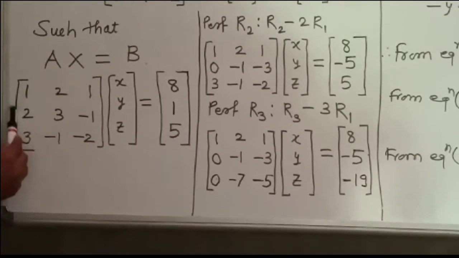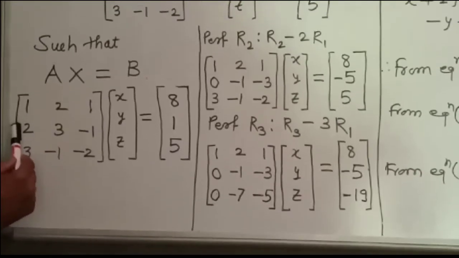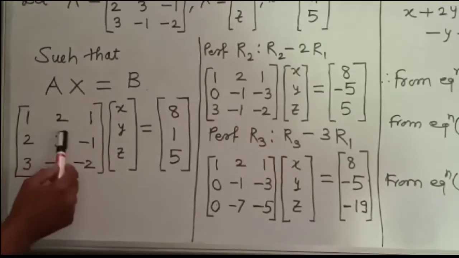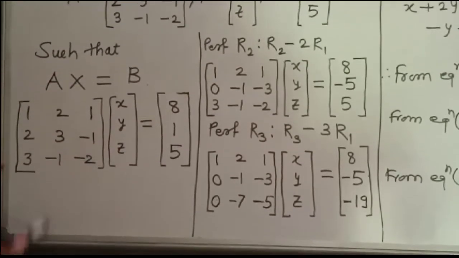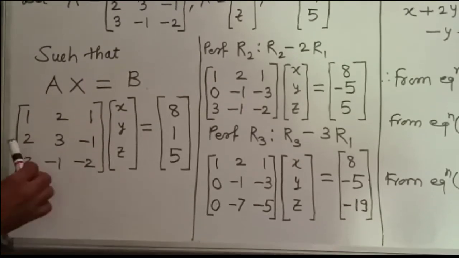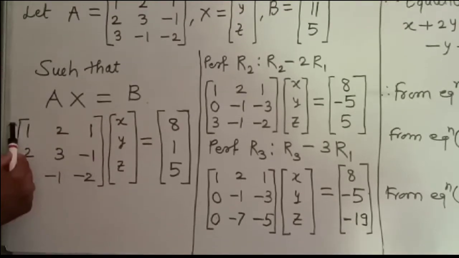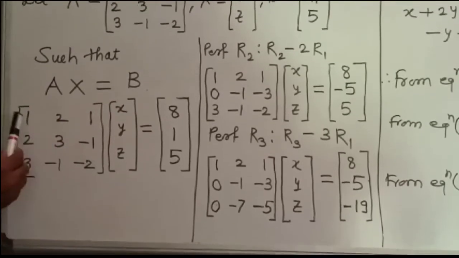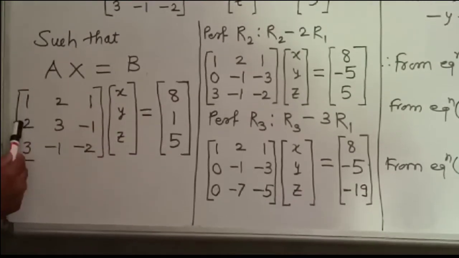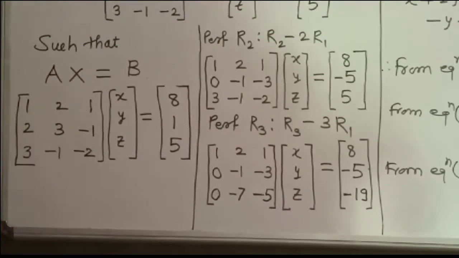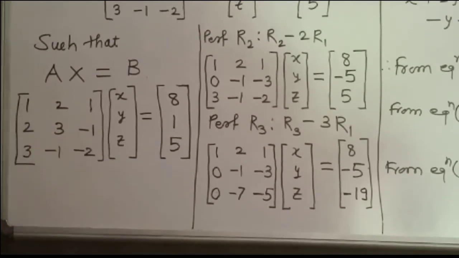To convert this element 2 into 0, we have to change row R2 on the left hand side as well as the right hand side. So I write the transformation: R2 minus 2R1. That means we multiply row R1 by 2 and then subtract from row R2. Then we get 0 instead of 2.